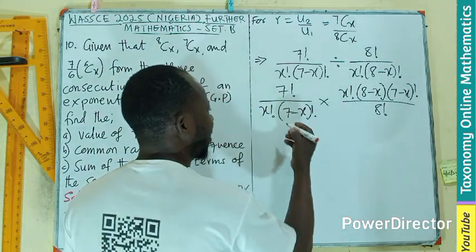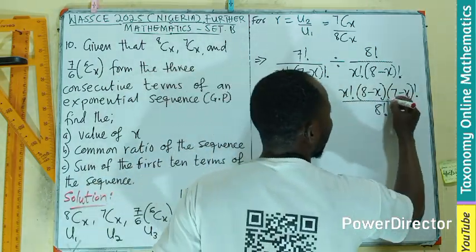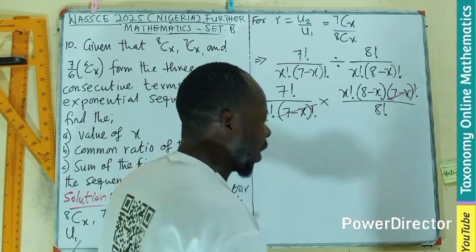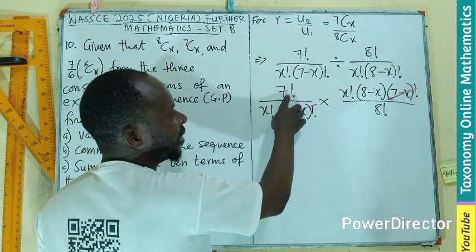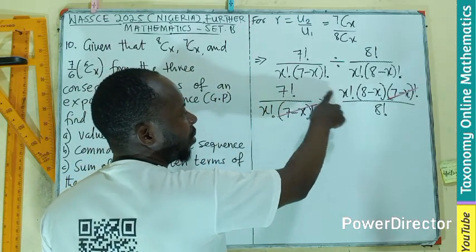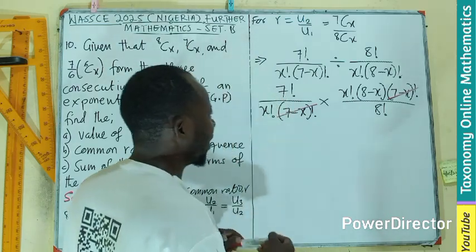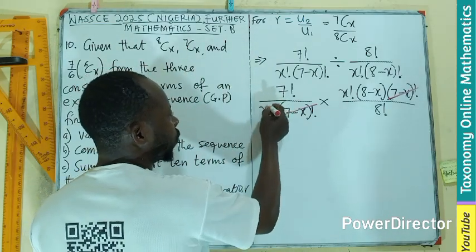So this value will be cancelling this. I'll be left alone with 7 factorial multiplying this. And I can also see that x factorial will also cancel.